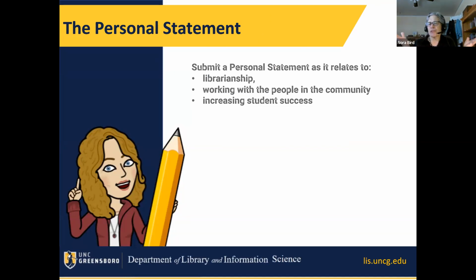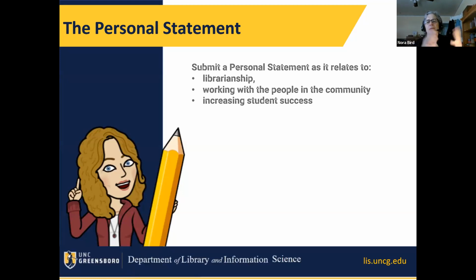So what's this personal statement look like? Well, people always want to know, how long should it be? So 1 paragraph is too short. In fact, I encouraged an applicant recently to give me a longer personal statement because what that paragraph said was not enough for what we needed.